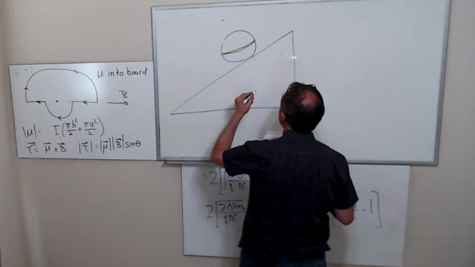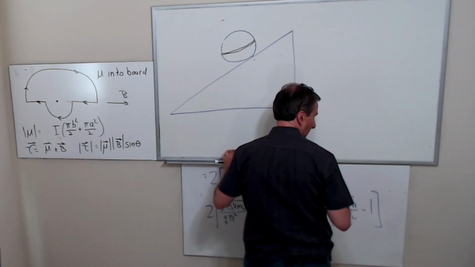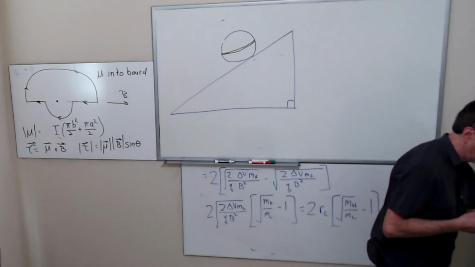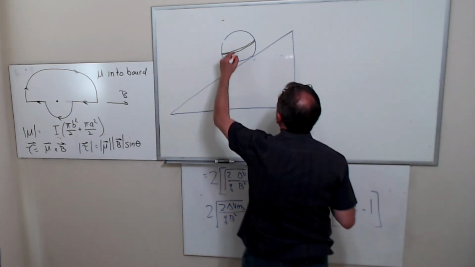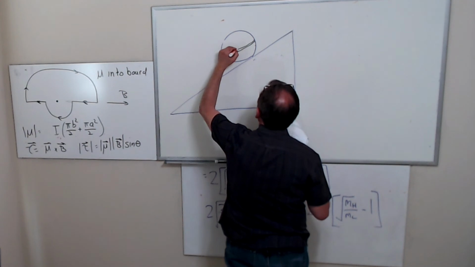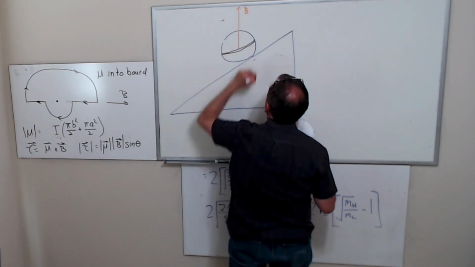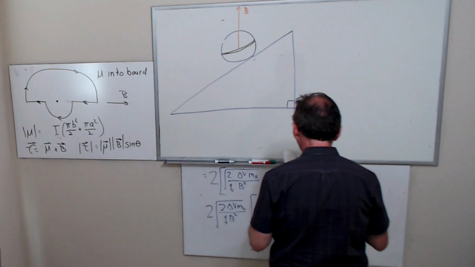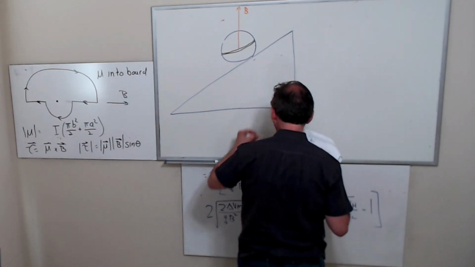So you have a magnetic field that points straight up. Let me get a different color. And the magnetic field is uniform. Let me draw the normal to the surface.